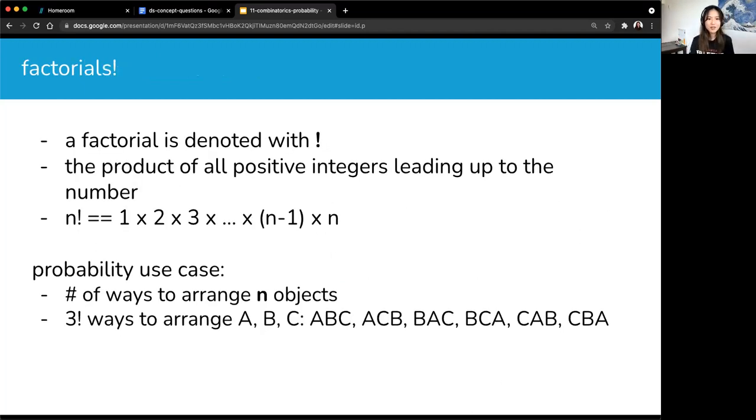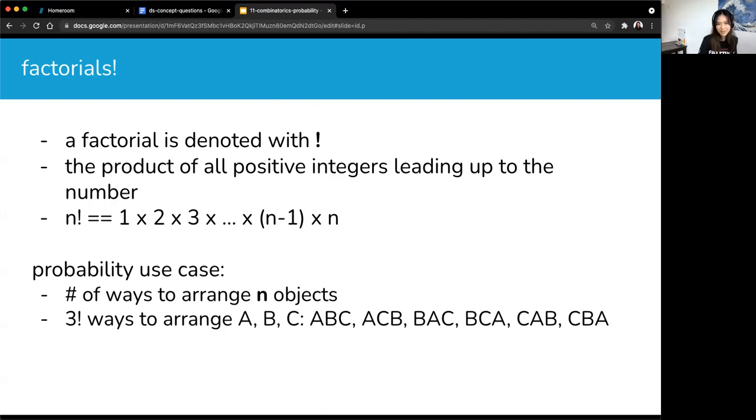Okay, so next we're going to talk about 3 things: factorials, permutations, combinations. These are just different ways of counting. We're going to take a look at a few scenarios in which we're going to use either factorials, permutations, or combinations. So let's start with factorials first. A factorial is denoted with an exclamation mark.